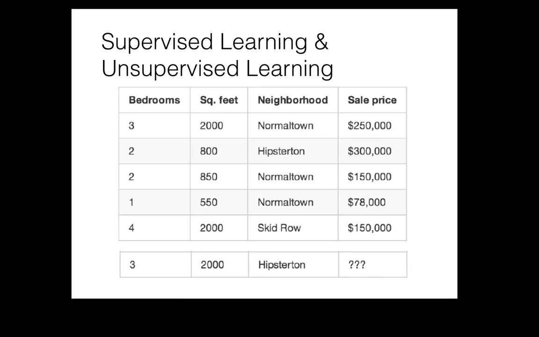Machine learning has 2 ways of learning: supervised learning and unsupervised learning. For example, I show you all the houses' information with sale prices in the most recent time, and you need to predict the new house's sale price, just like the last row. This is supervised learning. The picture just shows you the record.